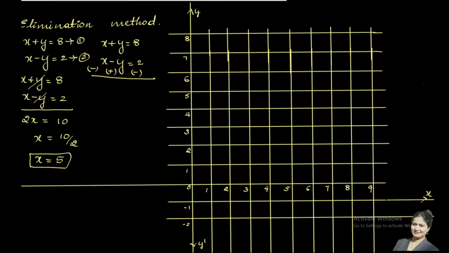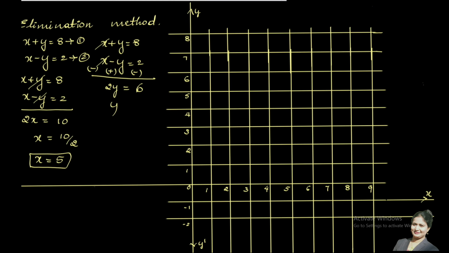If plus is there, you have to write minus; if minus is there, you have to write plus. So x becomes minus x and gets cancelled. Plus y, that means 2y, 1 plus 1, and 8 minus 2 becomes 6. So y is equal to 6 by 2, and y is equal to 3.